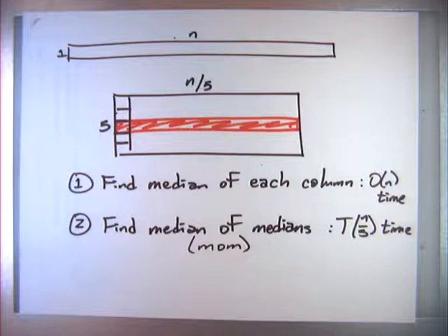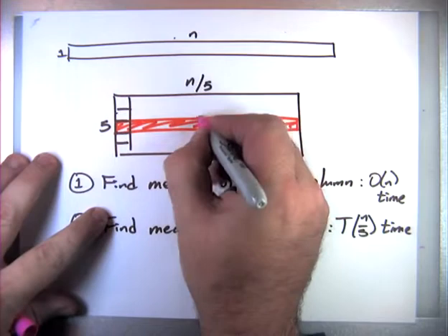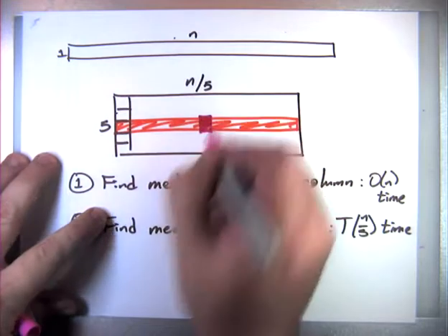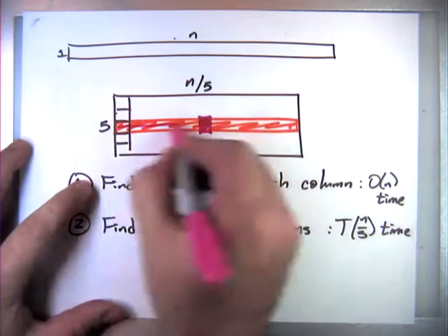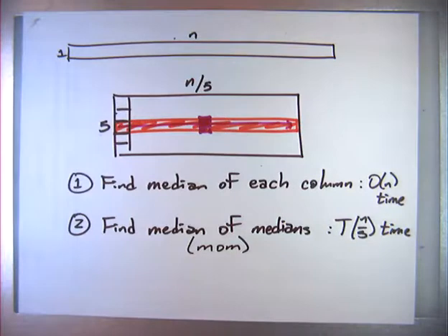And again, just for the sake of intuition, this is not what the algorithm does, let me imagine that not only does the median fairy put the median right here in the center of the array, but in fact, I'm going to reorder the columns so that the medians are in sorted order from left to right. Again, the algorithm does not do this, but I'm reordering things for purposes of analysis.